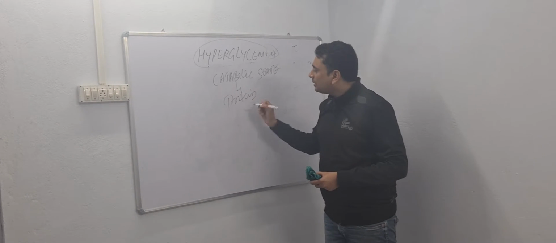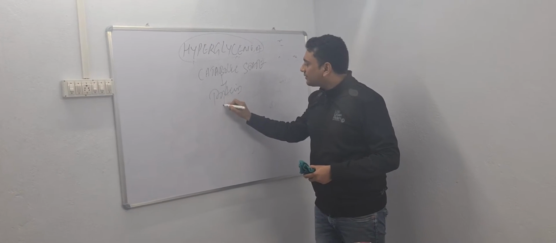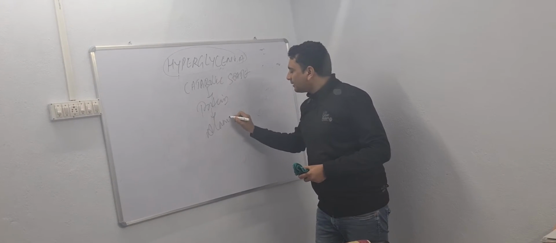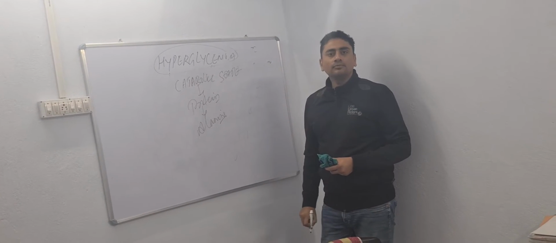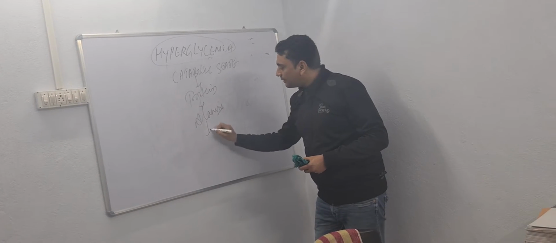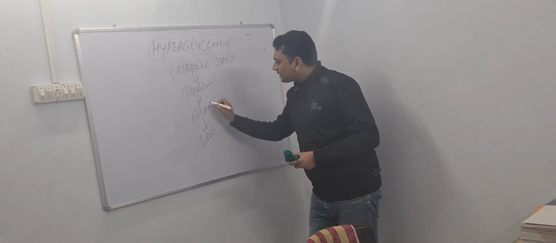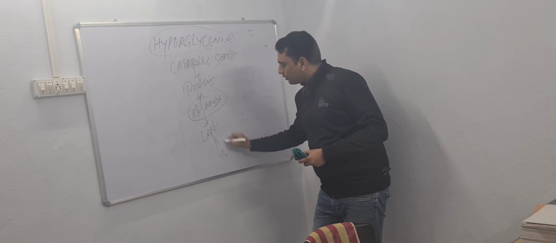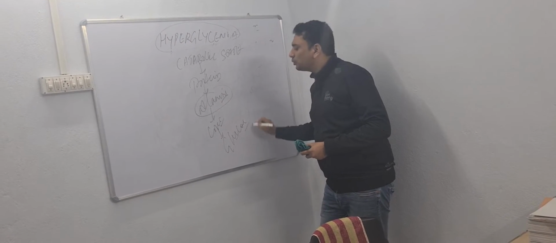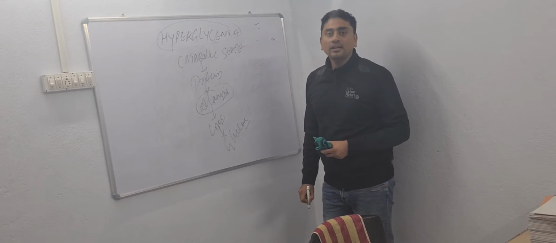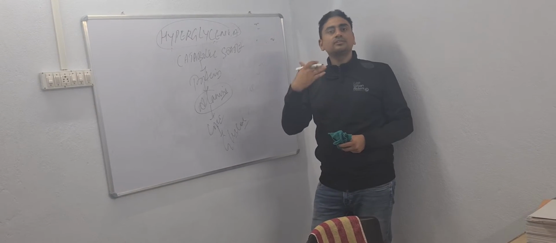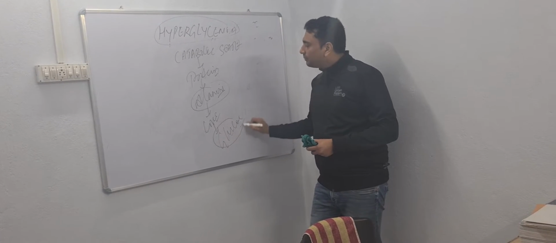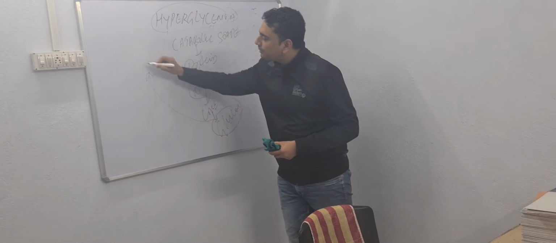So this muscle protein breakdown will release an amino acid called alanine, and this alanine will go inside liver, where this can be utilized to produce glucose. So there will be increased gluconeogenesis inside hepatocytes.